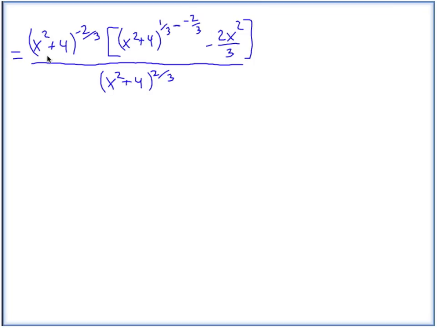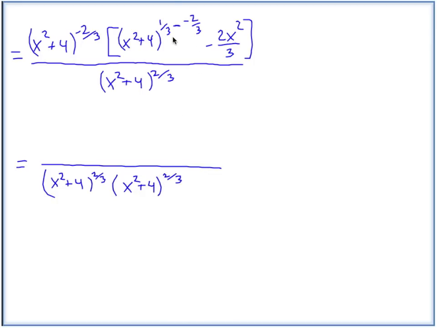Okay, at this point now, we just need to simplify this. Okay, so we can see here we have an x squared plus 4 and an x squared plus 4, and this negative exponent means we're going to flip that underneath. So let's take a look at what that does. So we'll flip this one under, and we get (x squared plus 4) to the 2/3 times (x squared plus 4) to the 2/3.